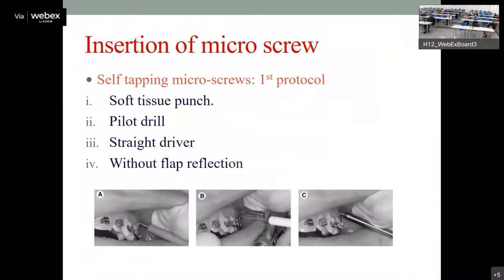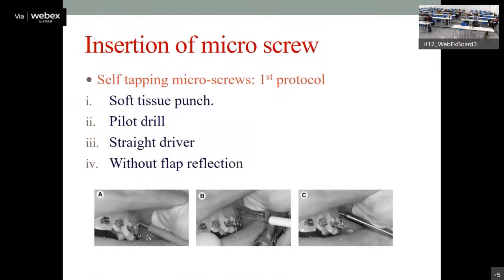After that, you need to insert your microscrew after localizing the insertion point, either by self-tapping or self-drilling technique. If we are going to start with the self-tapping technique, there are two protocols for the self-tapping insertion. The first protocol is without flap reflection. You need just to give a few drops of anesthesia in the gingiva and then just do a soft tissue punch.